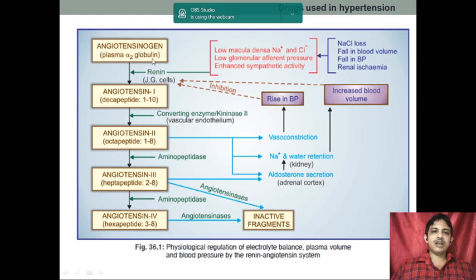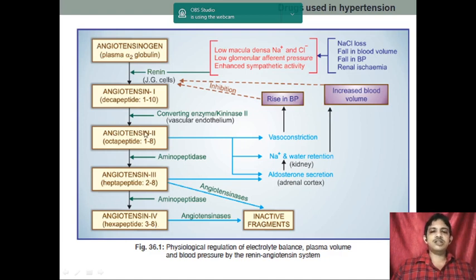In the presence of renin, angiotensinogen converts into angiotensin 1, and in the presence of angiotensin converting enzyme, it is converted into angiotensin 2. Then, in the presence of aminopeptidases, angiotensin 2 converts into angiotensin 3 and then angiotensin 4.